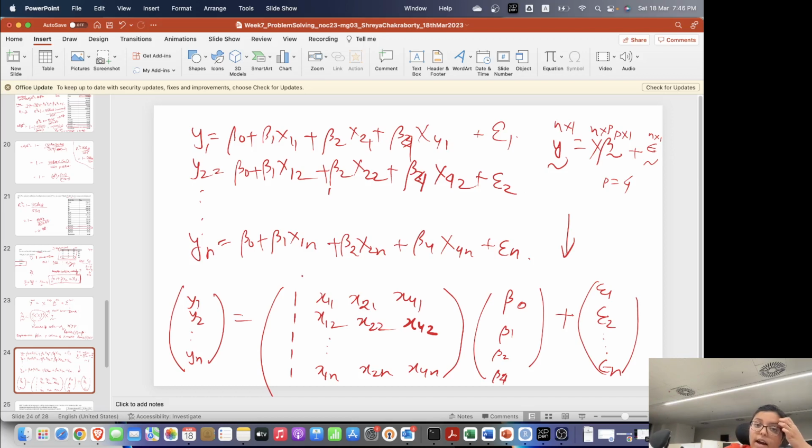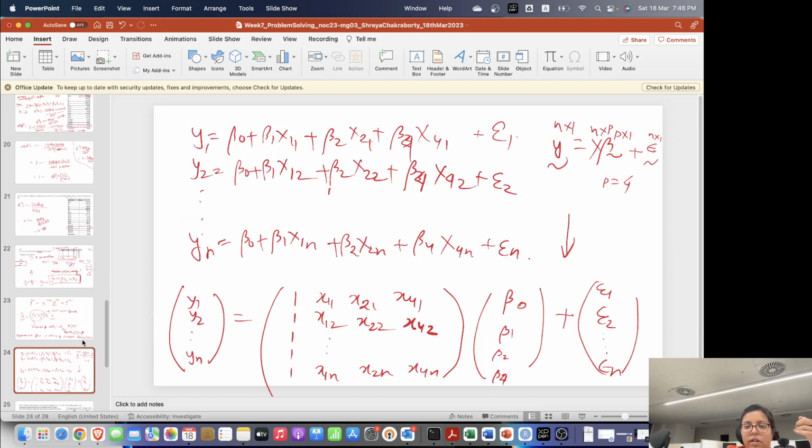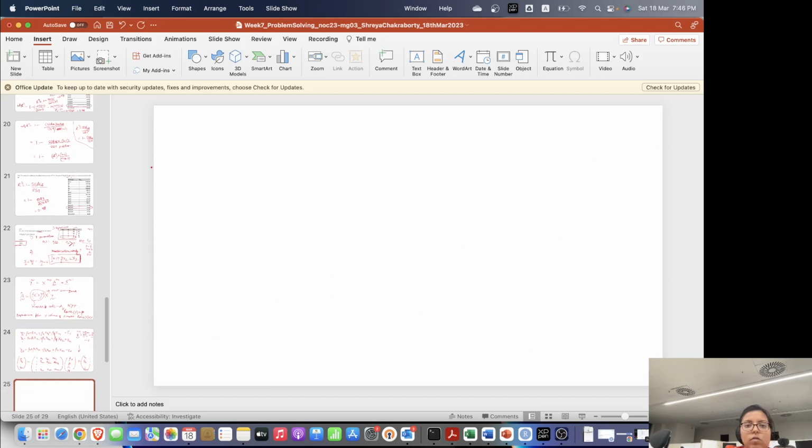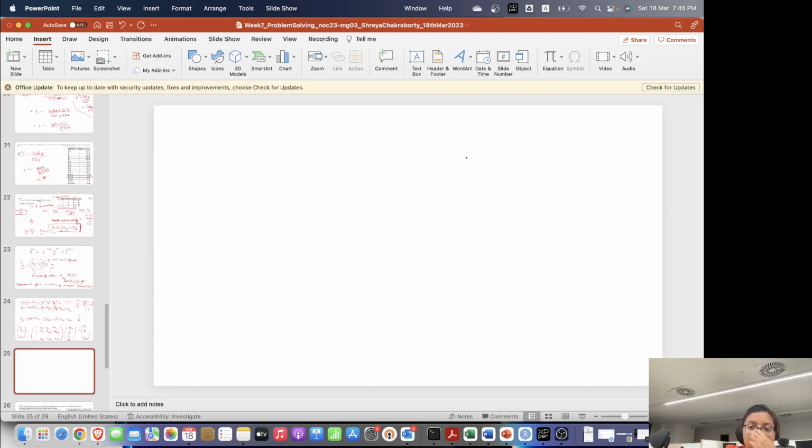So if I have an equation or a table like this, I am going to get the model matrix like this. Here we have some values of x1, x2, x3, y. So let's say we have dropped x3 because that way it is not possible.